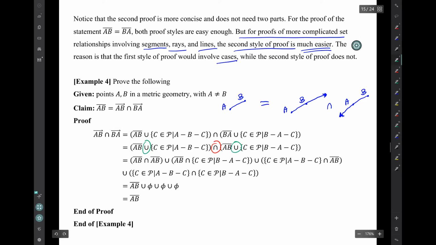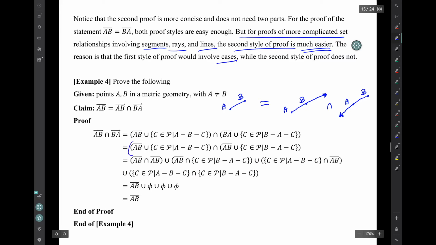Now you know from past experience with set unions and intersections that there's a distributive law kind of thing going on here. We're going to accomplish this big operation by doing 4 operations. So there's some intersections, 4 intersections, and 3 unions.